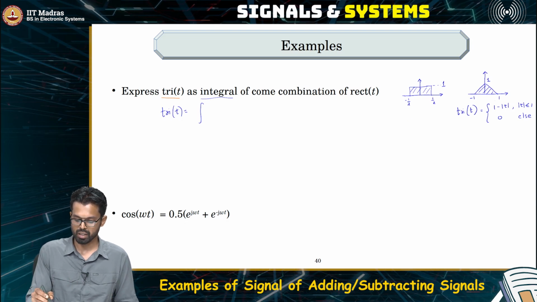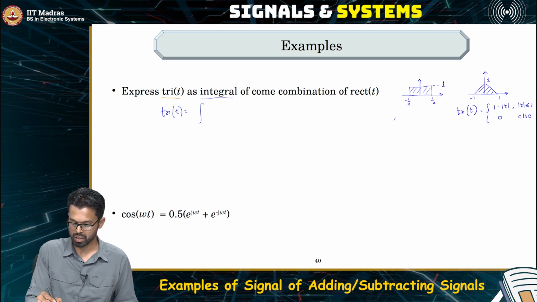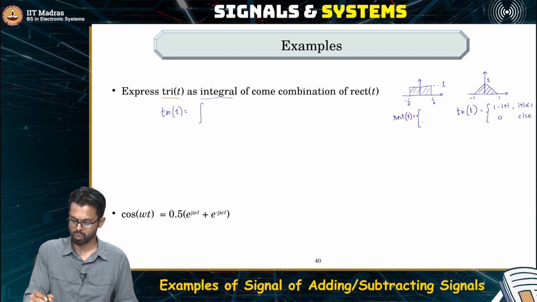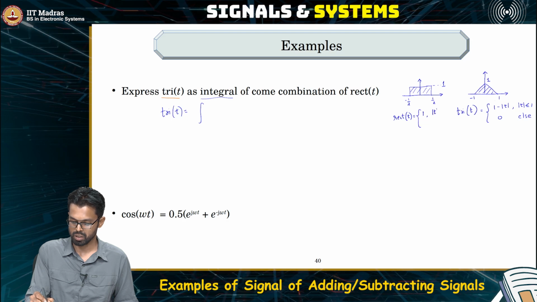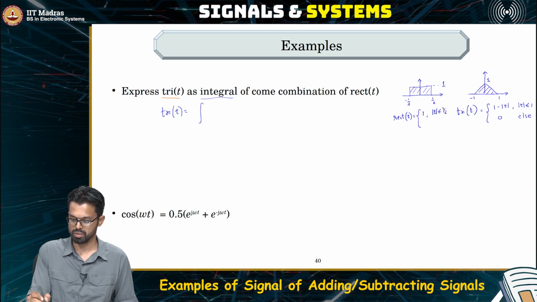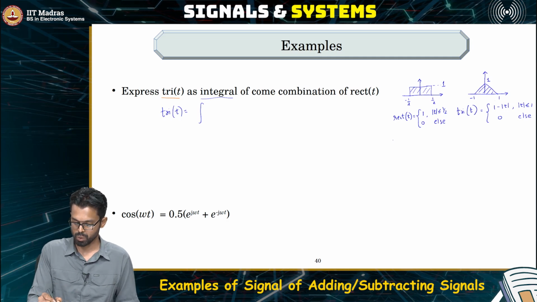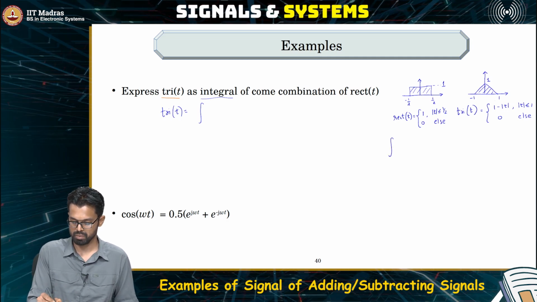If we integrate the rectangular function, remember it is 1 for mod t less than or equal to half, and 0 otherwise.